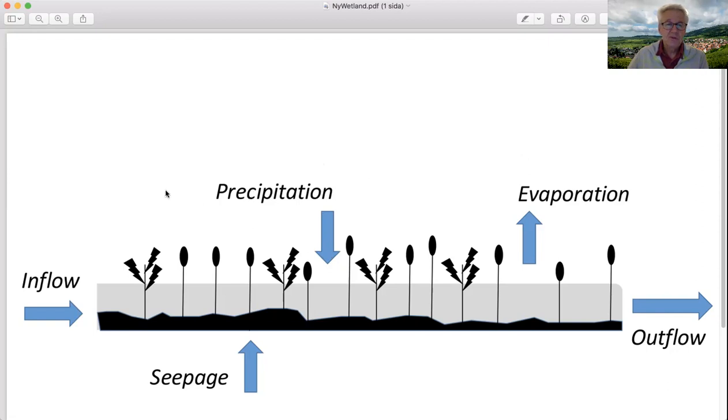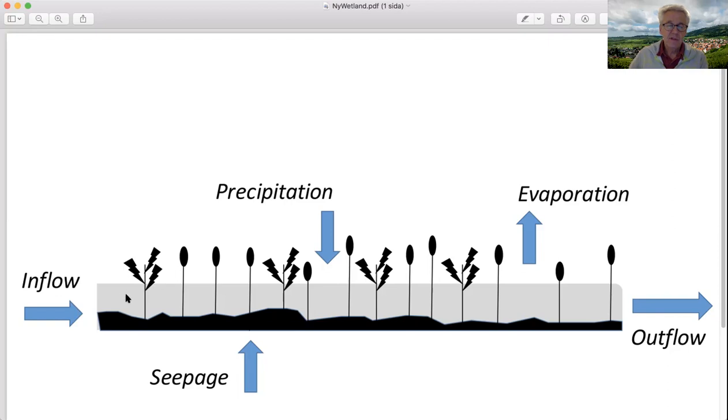And what you will do is to calculate how the flow changes through the wetland. That could increase, be fairly constant, or decrease depending on the water balance. And the concentration of the substance coming in will probably decrease as it is degraded. So will the molar flux of the substance.